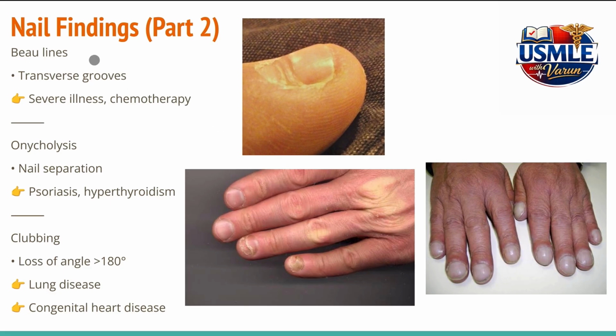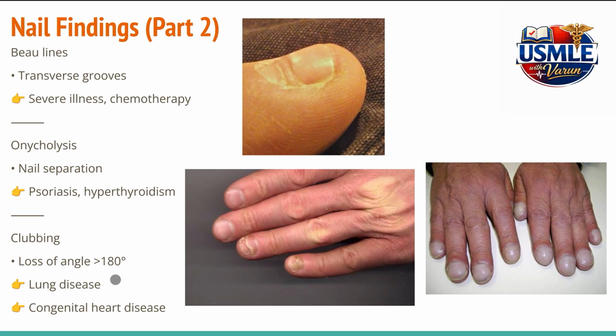Continuing with the nail findings, Beau's lines are transverse grooves across the nail. These indicate a temporary interruption of nail growth, usually due to severe illness or chemotherapy. Onycholysis refers to separation of the nail from the nail bed. It is commonly seen in conditions like psoriasis and hyperthyroidism. And finally, let's discuss clubbing.